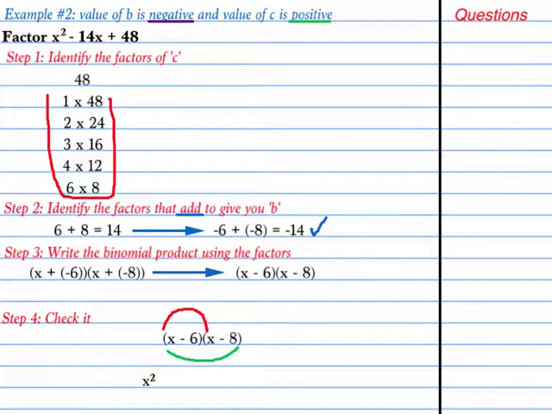X times negative 8 gives me negative 8x. Negative 6 times x gives me negative 6x. And negative 6 times negative 8 gives me the positive 48. When I simplify my like terms, I get x squared minus 14x plus 48, which checks with my original. Take a moment, pause, copy before continuing on.